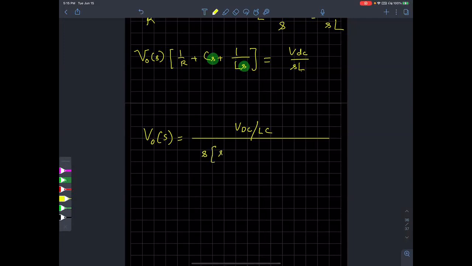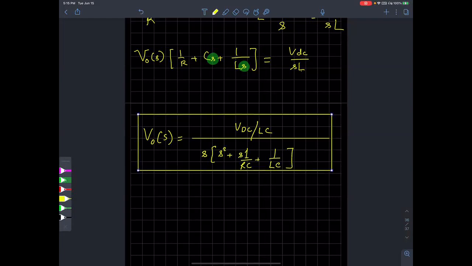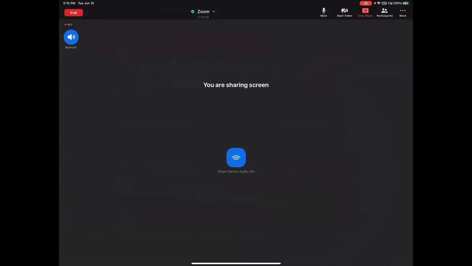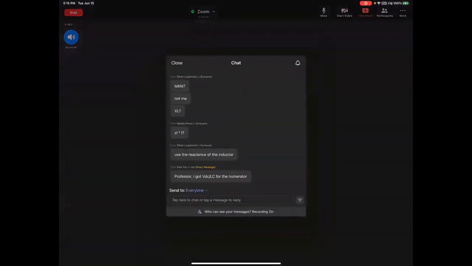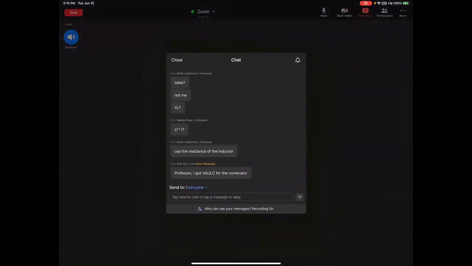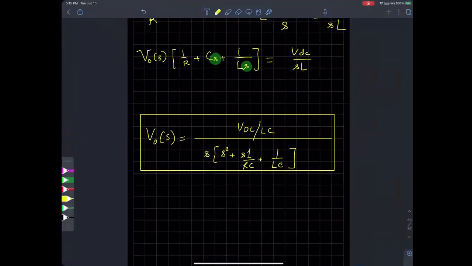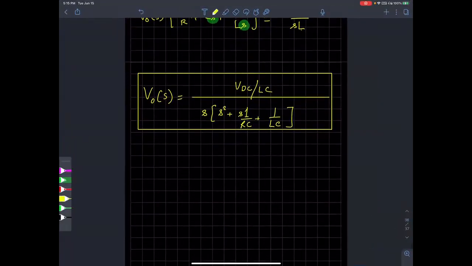S into S squared plus S by RC plus 1 by LC. So this is what you should have seen for your V of S. So thank you for double checking, Zoe.